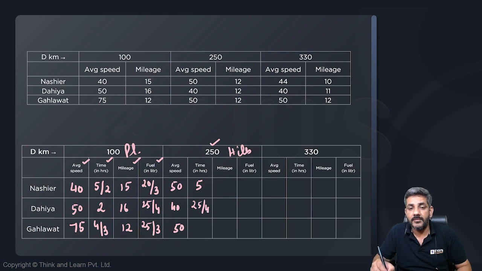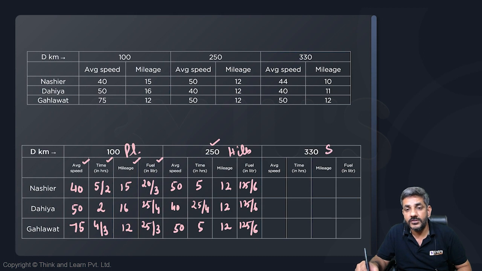And by Galawat family, it is again 5 hours. The mileage is 12 for all of them for the 250 kilometers. So 250 divided by 12 is 125 by 6, the quantity of fuel used. Similarly, for Dahiya family, it would be 125 by 6, and for Galawat family, it would be 125 by 6.